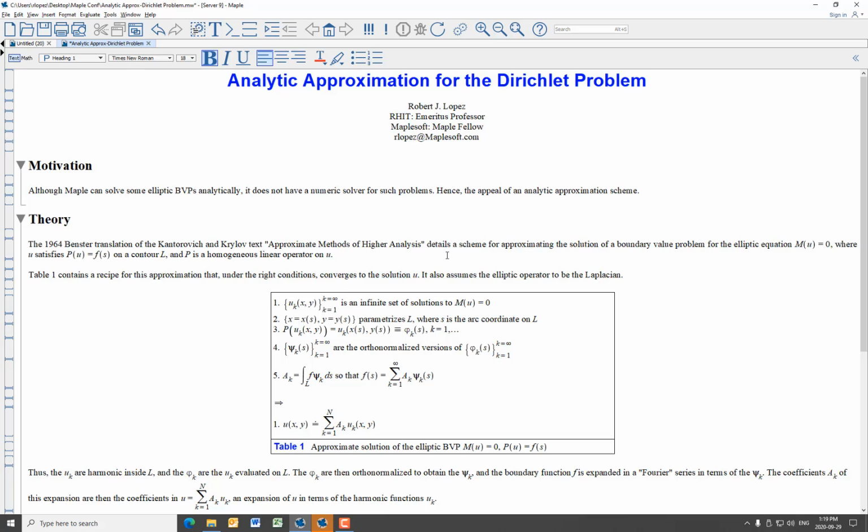Orthonormalize those phi_k's and call the orthonormal set so obtained psi_k. Expand the boundary function f in terms of these psi_k's and let the coefficients of that expansion be called a_k. And then you write the sum of a_k u_k, that's the approximate solution.